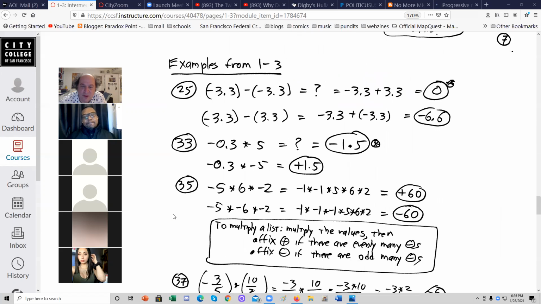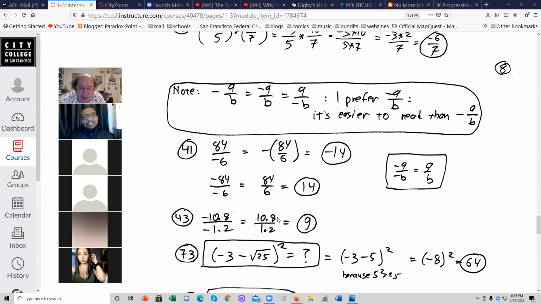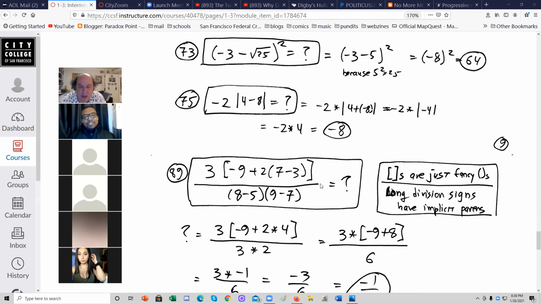I live to serve. All right, here we go. Oh yeah, this monster. Now here we have 3 times bracket, negative 5 plus twice parenthesis 7 minus 3 end parenthesis, end bracket. All that divided by 8 minus 5 times 9 minus 7. Now you notice this big old square bracket. It's just a fancy parenthesis.